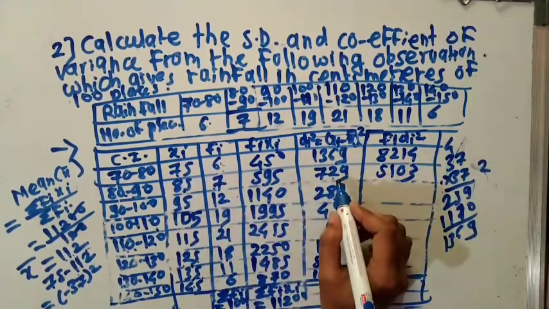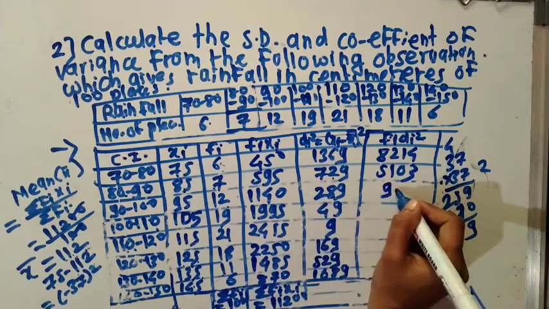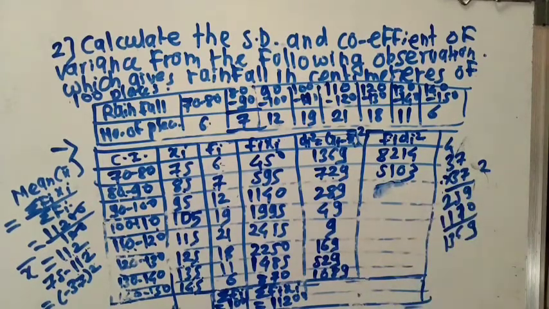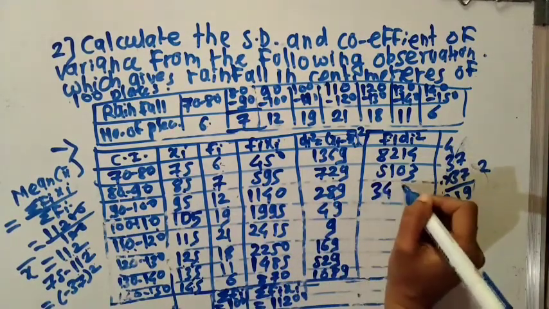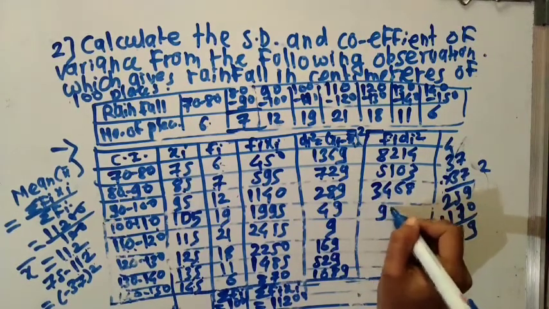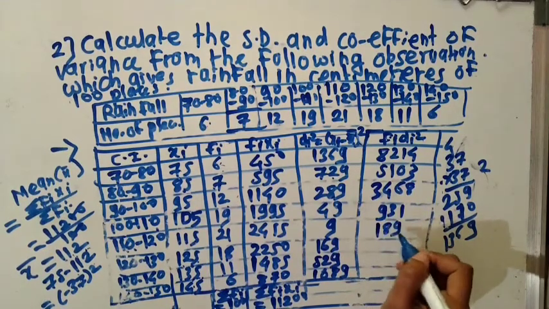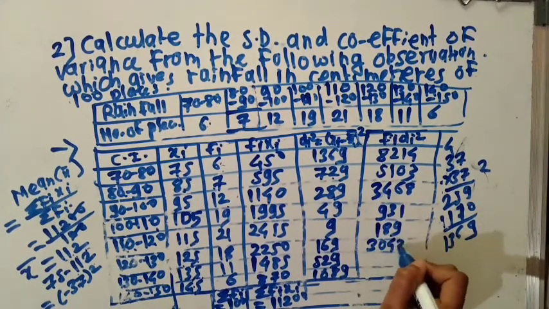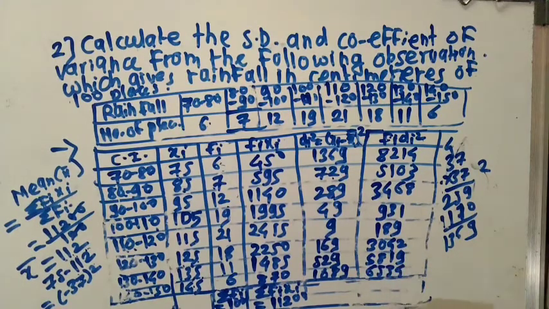Fi into di square: 12 into 289 is 3468, then 931, 189, 3042, 5819, 6534.